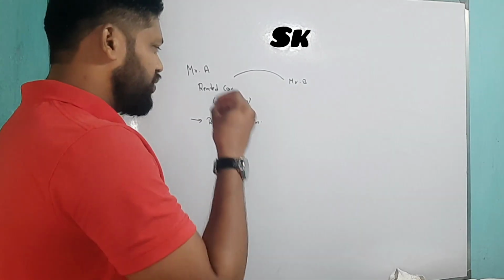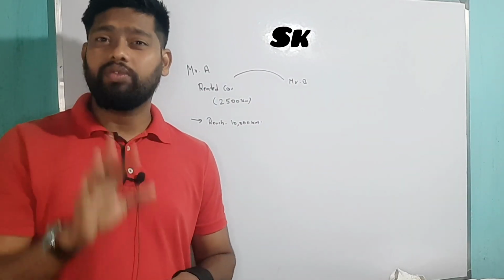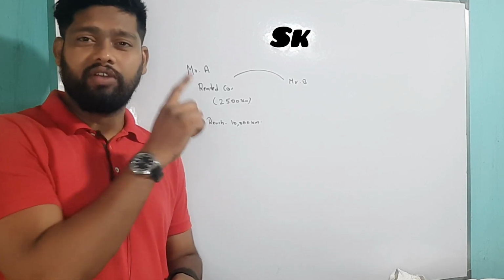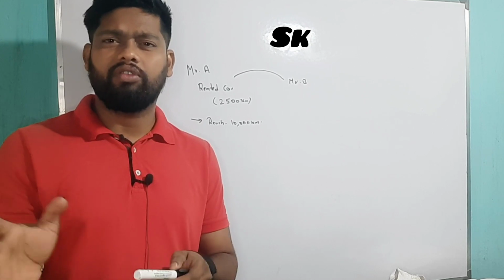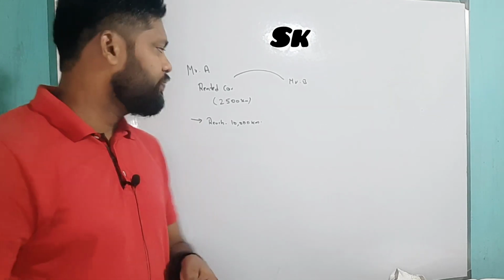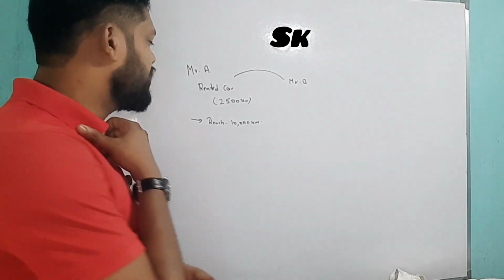You can keep it for 10 days, 20 days, 30, doesn't matter, but as soon as it reaches 10,000 kilometers, you have to get that car back to me, maybe because of servicing or some other reason. B agreed to that.